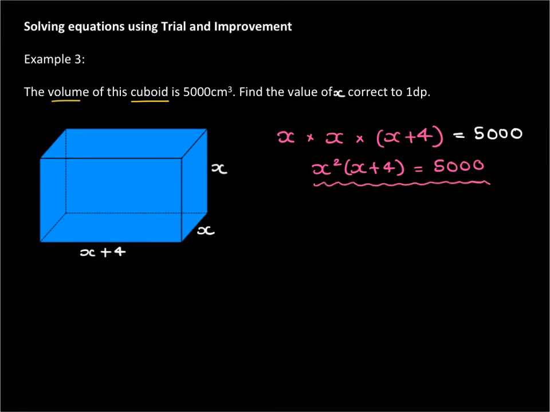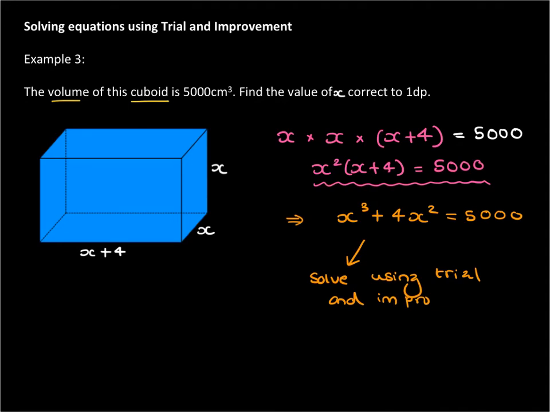Now, if you want to, you can expand the brackets on the left-hand side of this. We don't have to, we could actually leave it as it is, but if you wanted to, that would then give us x cubed plus 4x squared equals 5,000. And that's the equation we're going to solve using trial and improvement.